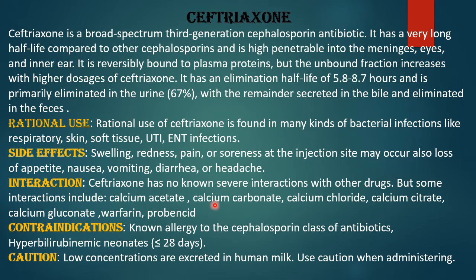So we have to avoid ceftriaxone in neonates less than 28 days. Also, premature neonates should not receive ceftriaxone up to a certain age. What is the caution? Low concentrations are excreted in human milk, so use caution when administering to lactating mothers.